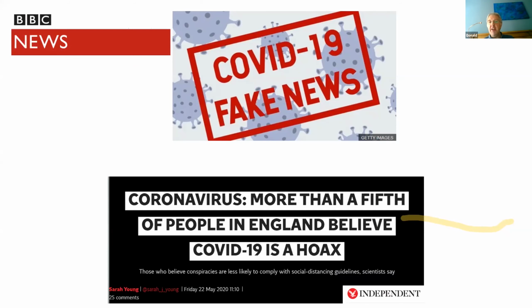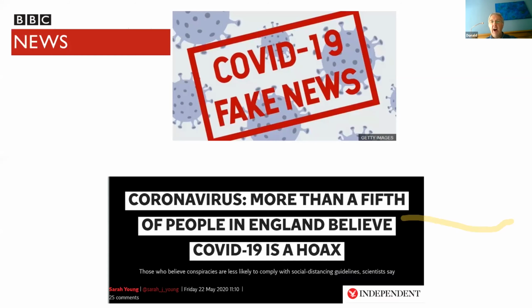The survey was done in the United Kingdom, and more than a fifth of people in England believe that COVID-19 is a hoax. That's over 20% of the people in England, and I'm astounded at that. As a scientist, I'm astounded.